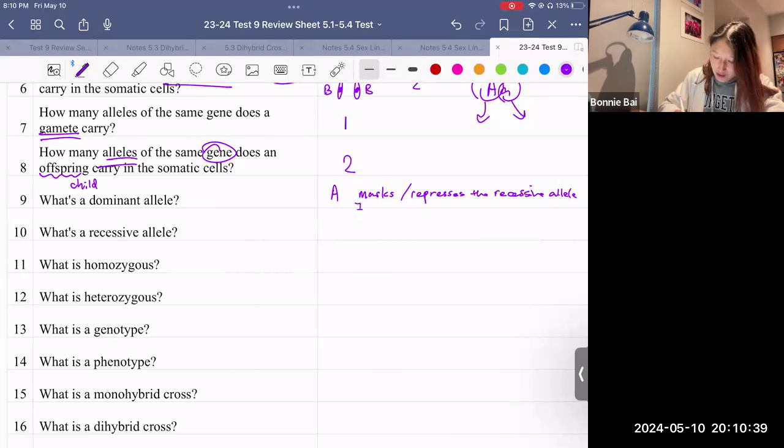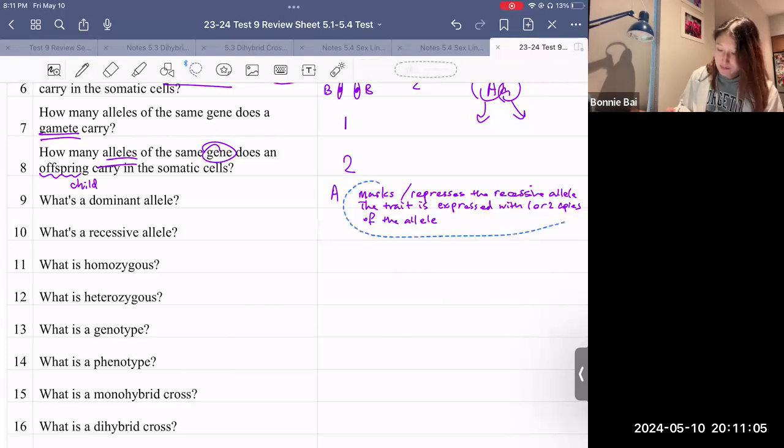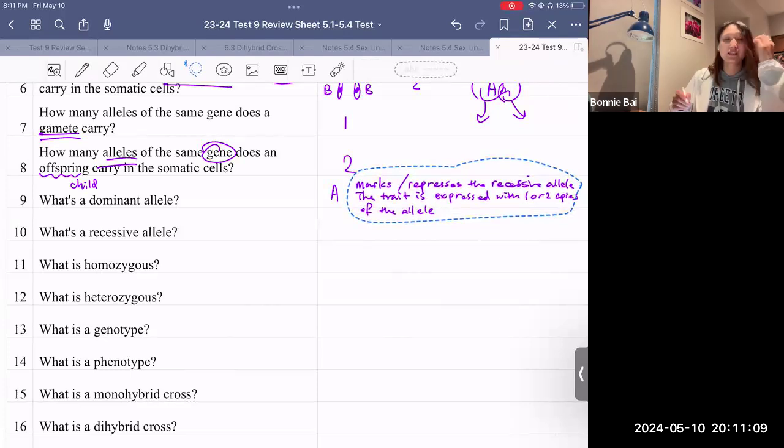Okay, and you can say the trait is expressed with 1 or 2 copies of the allele. So what am I talking about over here, right? That's a lot of words, but really it's important for this one. You should really understand what I am trying to say over here.